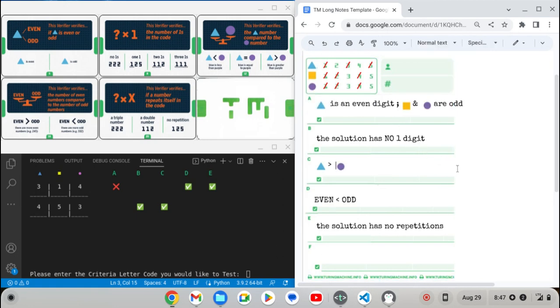And just to make sure, 2 is not bigger than either 3 or 5, so we know it can't be a 2 for triangle. And 4 is not greater than 5, so we'll cross out the 5 in circle.